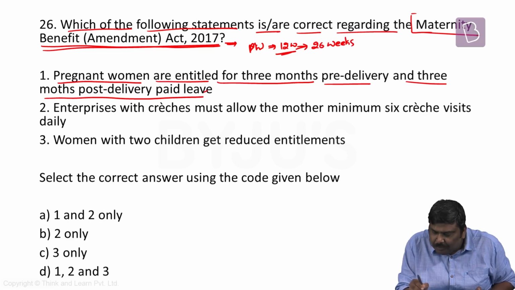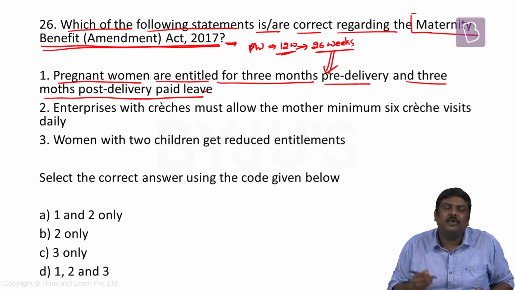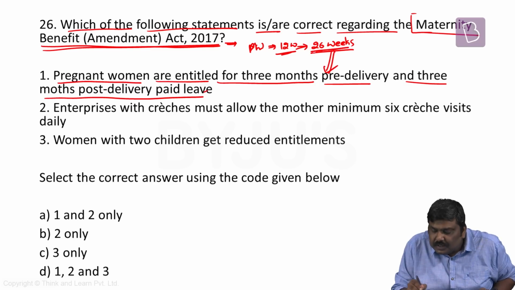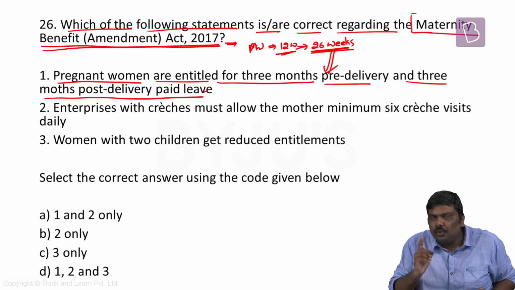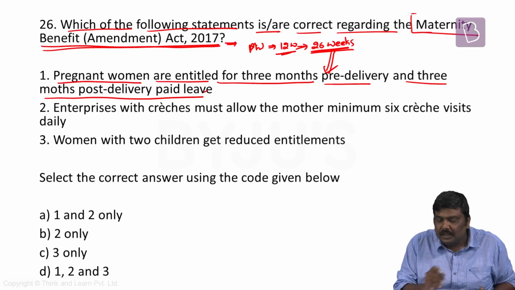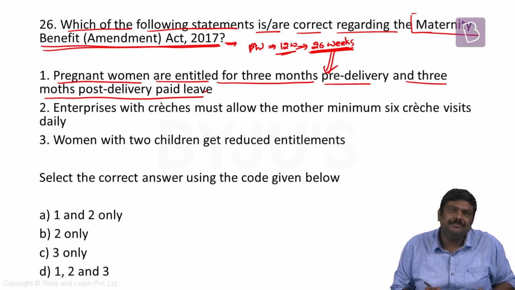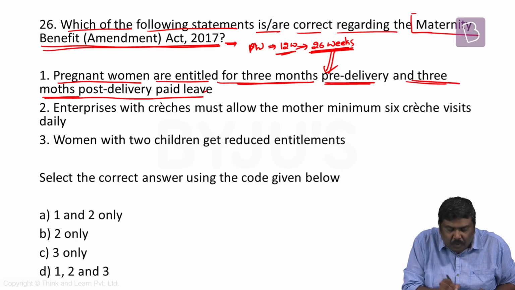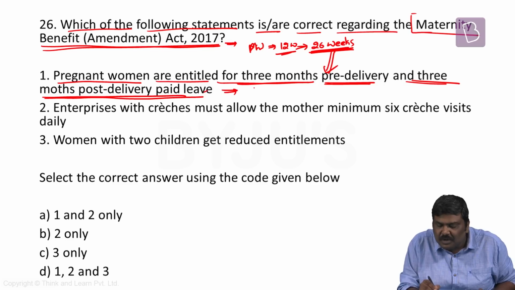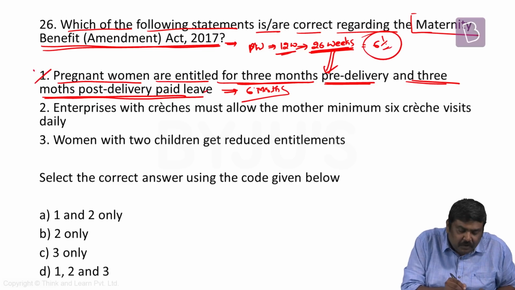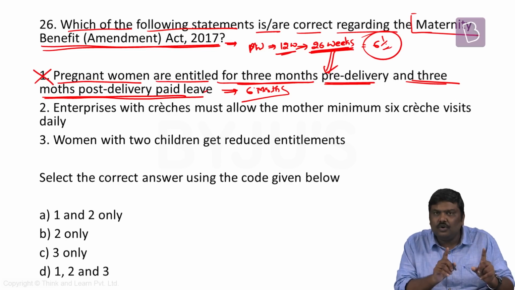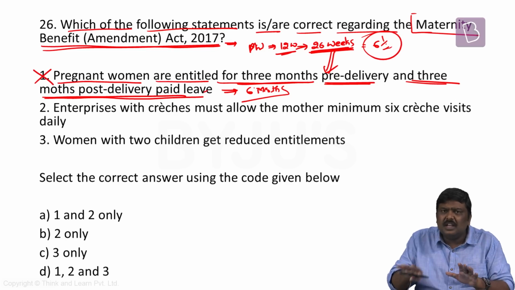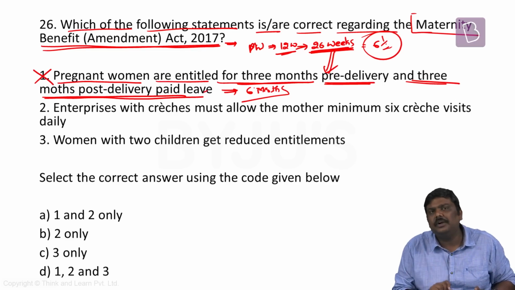Even if you know only this, you can solve this point. How so? Look at this. In totality, the total paid leave given to women is 26 weeks. The point says 3 months pre-delivery and 3 months post-delivery, which is 6 months. And how much is allowed here? 6.5 months. So the first point, on the face of it, is wrong. Even if you don't know how much is allowed pre-delivery and post-delivery, it doesn't matter, you can solve this point.